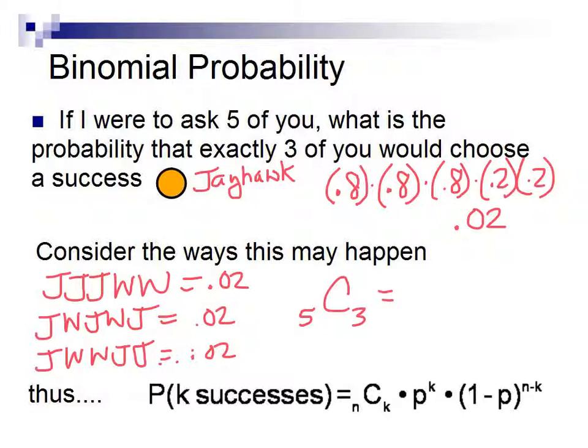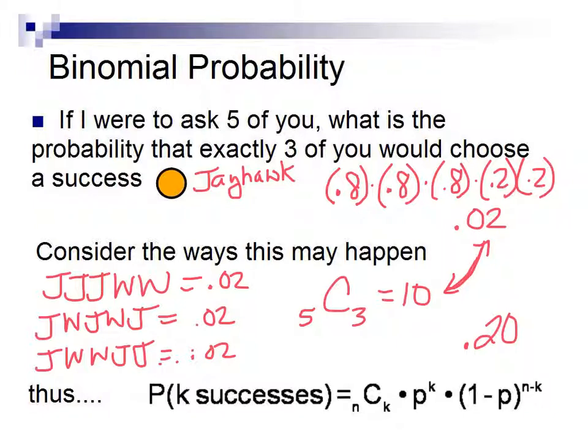If you do 5 choose 3, you get 10. So basically I have 10 different sets of these 3 Jayhawks, 2 Wildcats. So I'm going to multiply these two numbers together, and then I'd actually have a 0.20 probability. That seems a little bit better.